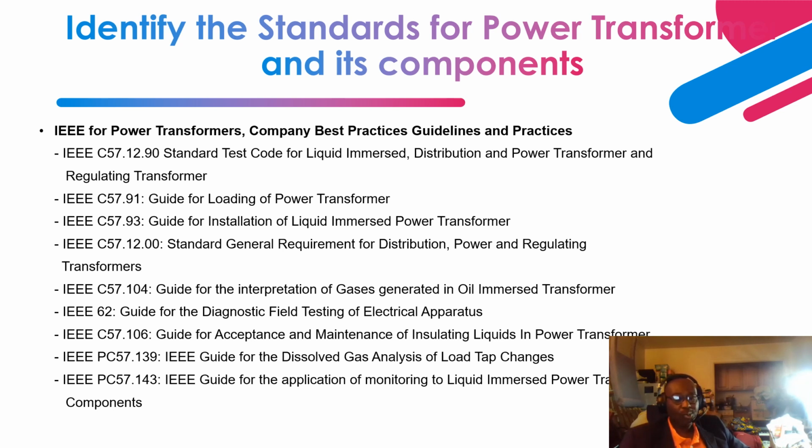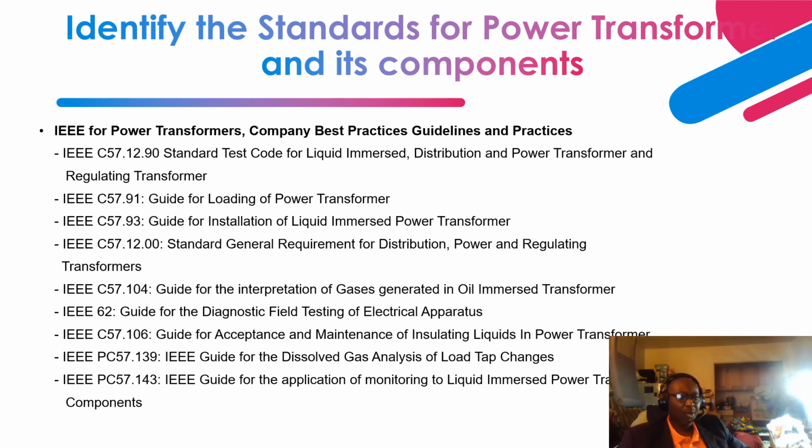The manufacturer has to provide you the criteria, and the criteria is usually based on the number of years in operation, or based on the number of operations of the tap changer and the gassing that it has achieved. These are some of the criteria that the manufacturer tells you to evaluate to take a course of action.